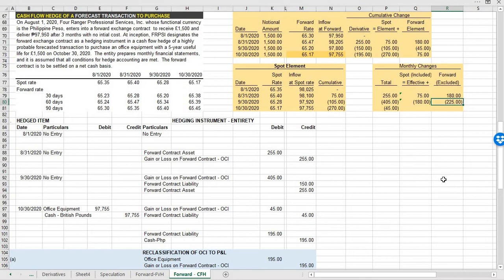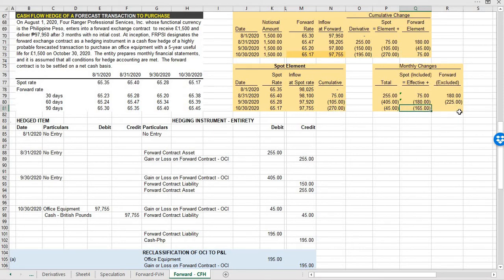Then, lastly, date of settlement, October 30. Ang change natin for the month related to the spot element is negative 165. So, this is computed as negative 270 minus negative 105. So, negative 165 kasi tumaas yung negative.